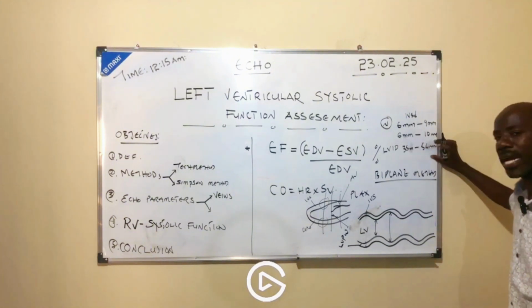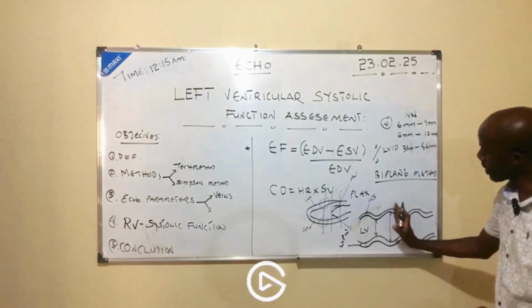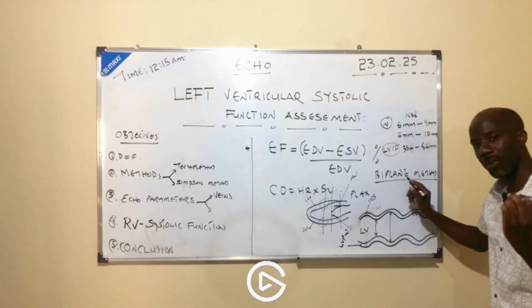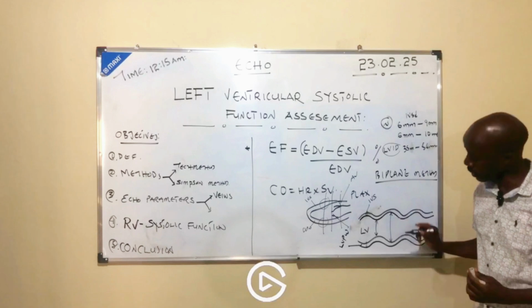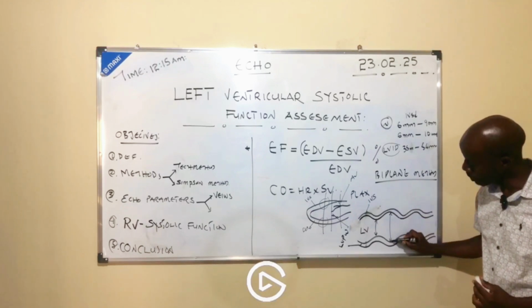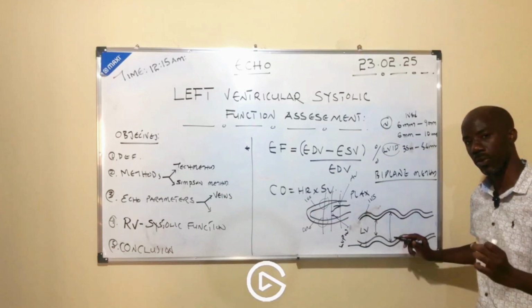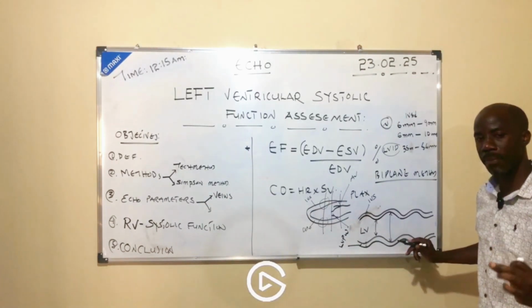This is regarded as normal in diastole. This is particularly for the left ventricle internal diameter in diastole, which is the distance from here up to there. The distance from there up to there is the left ventricle internal diameter in systole.